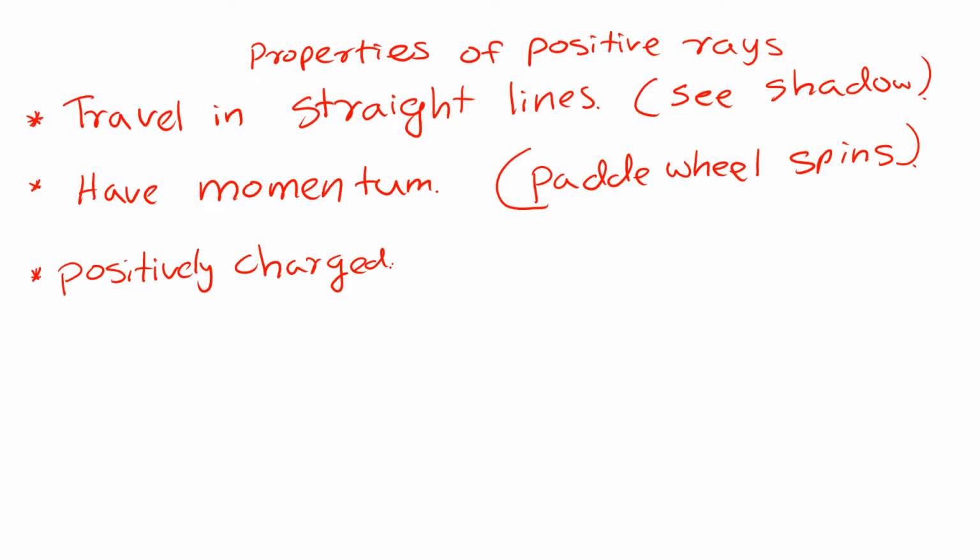You can recall that in the cathode ray experiment, cathode rays deflected towards positively charged plates, but in the case of anode rays they are going to deflect towards the negatively charged plate.